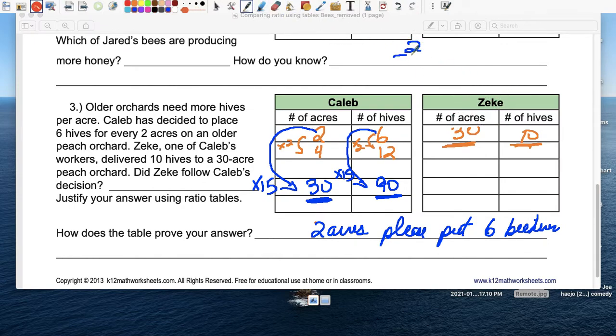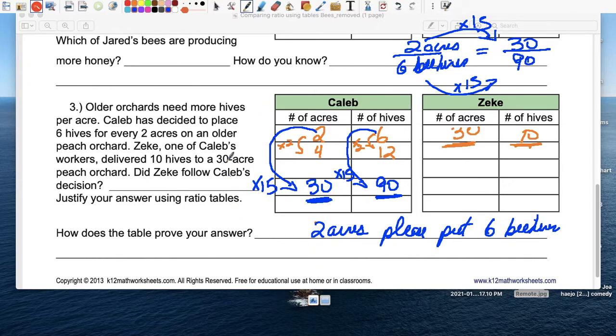So here's 2 acres, right? And here is 6 beehives. So if we have 30 acres, we can do it that way as well. What's the factor here? It's times 15. So here it'd be times 15. So in 30 acres, you should have put 90 beehives.